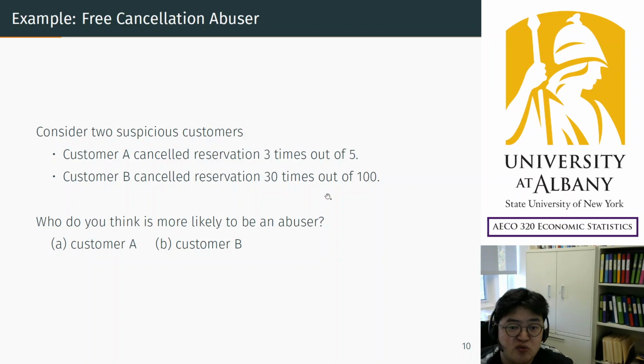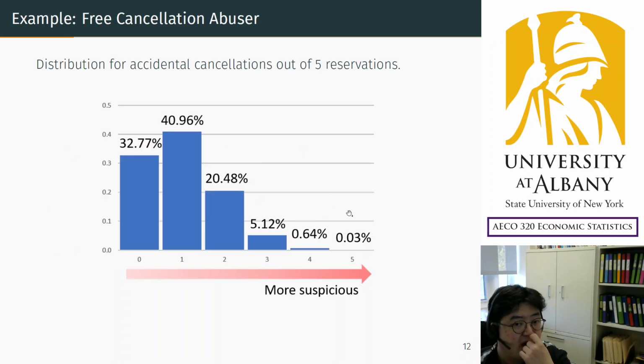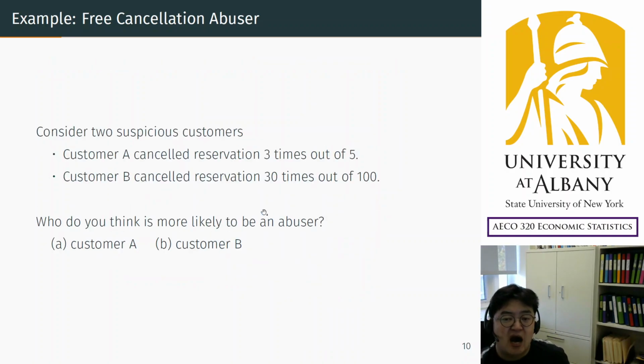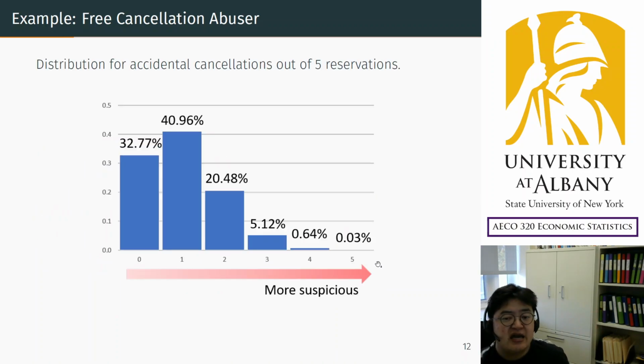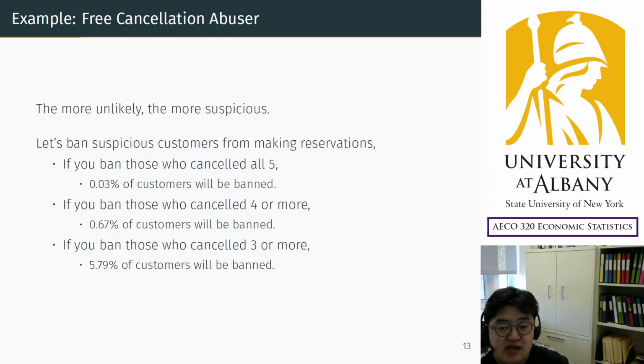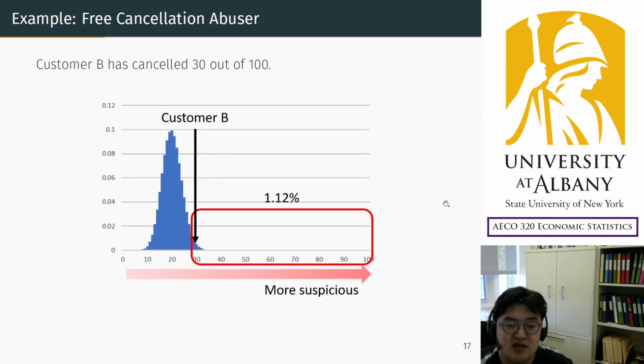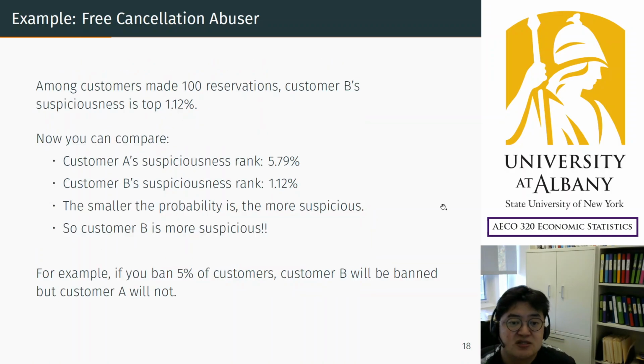What you do here is, remember, I assume that the customer is innocent, is a good customer. And then I calculate the probability of these outcomes. So in other words, I rank the suspiciousness using the probability of these outcomes. Okay? That is what we are going to do in this chapter.